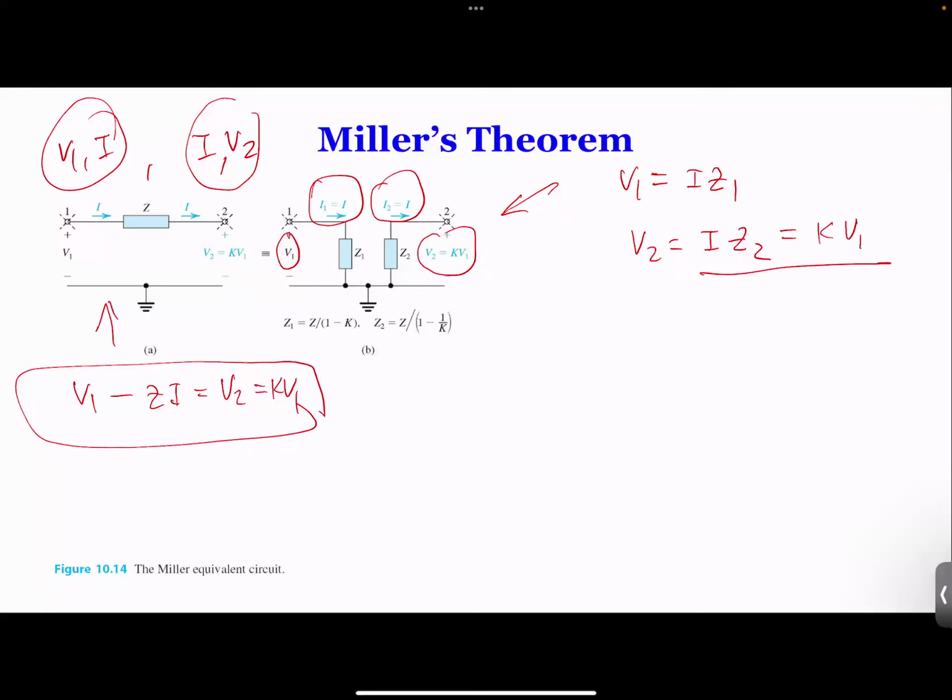So we got this equation here. Right away, you can see what Z1 is. Z1 is V1 divided by I. And Z2 equals K times V1 divided by I, or V2 divided by I. So we got these two numbers here.